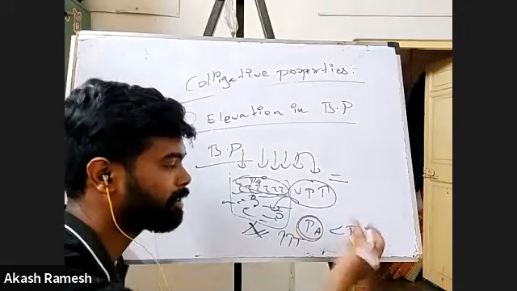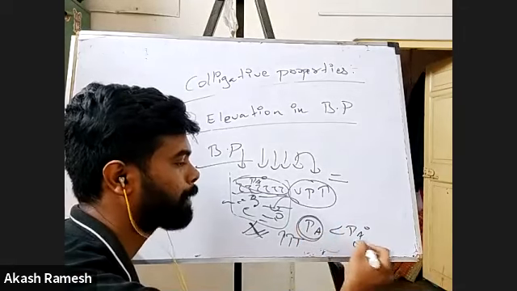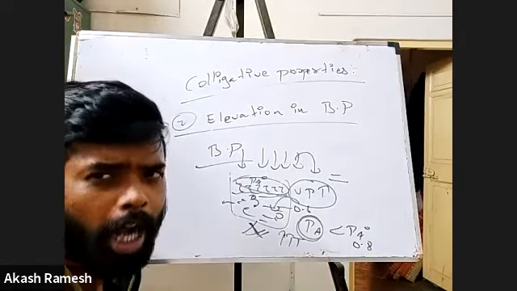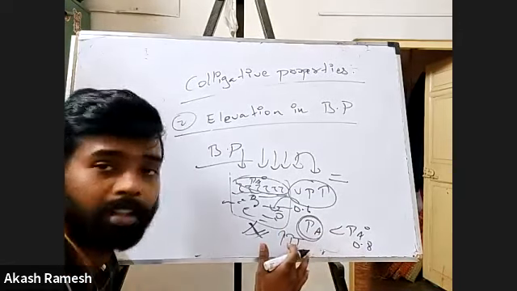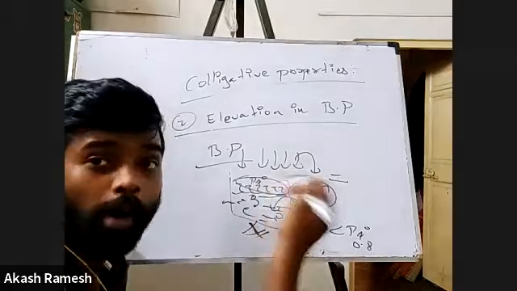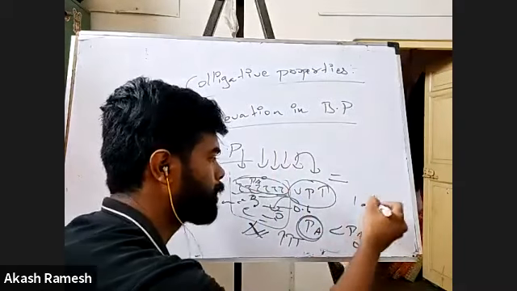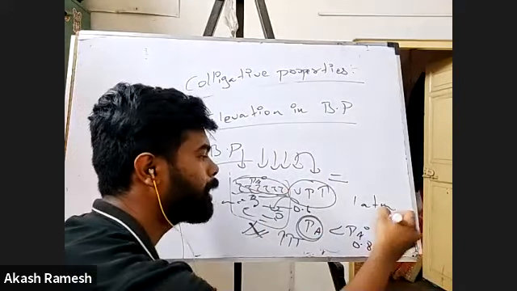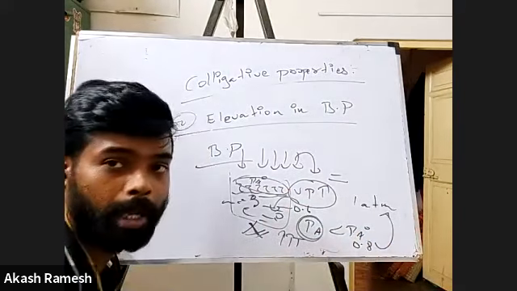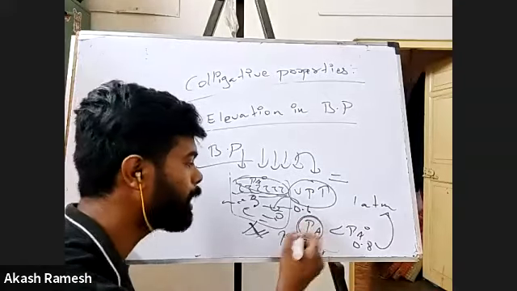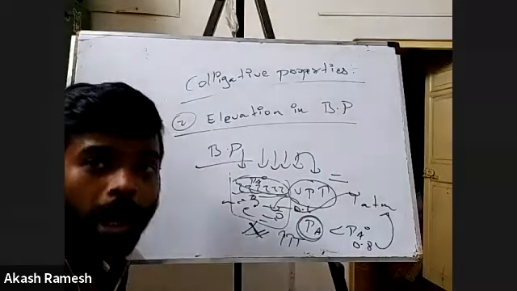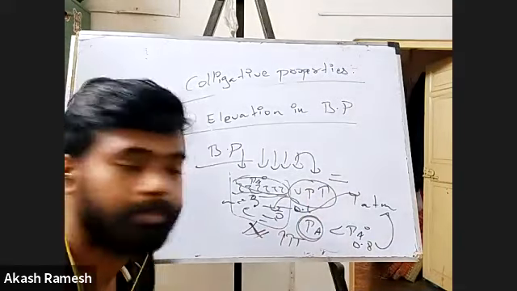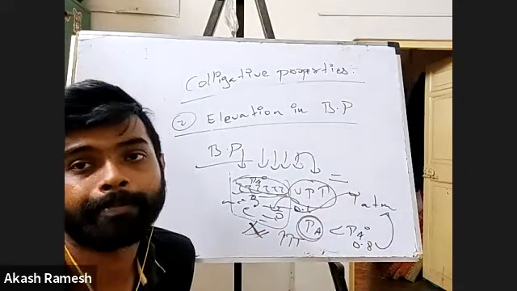Say this is almost like 0.8 atm, this is 0.6 atm, assume, just giving you a random number, right? This is higher, this is less, right? So what is the atmospheric pressure? Atmospheric pressure is equal to 1 atm, right? So for me to make 0.8 become 1 and for me to make 0.6 become 1, obviously from 0.6 to 1 I have to supply a higher temperature than from 0.8 to 1, right?